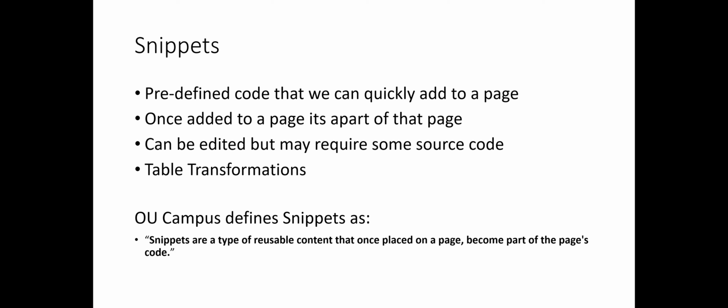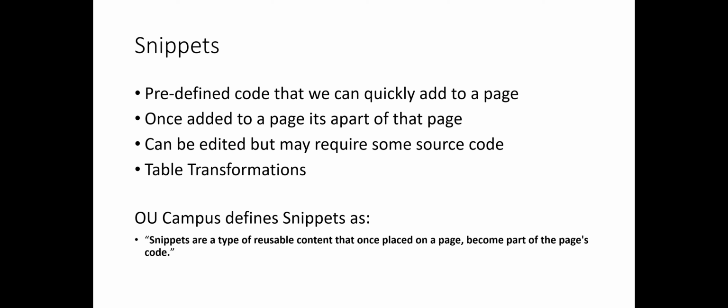Snippets also have these things called table transformations, which are kind of like components. Using a simple table format in the back end, we can fill out a table almost like a form, and then it'll get transformed into a more complicated element.